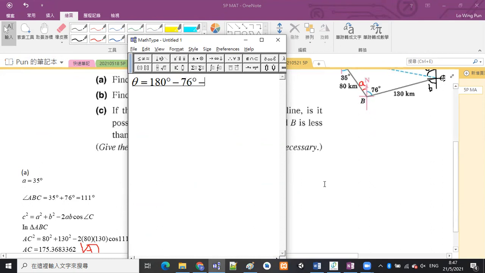And then minus angle ACB, that is memory B. Okay, and then it should be 78.7 something. But this will be the final answer. So we need to correct to 3SF. Should be 78.8 degrees.